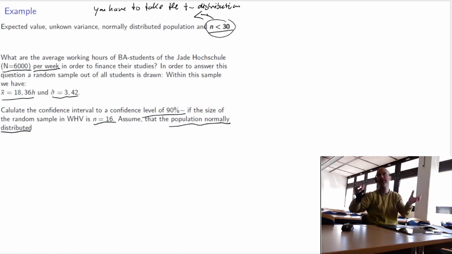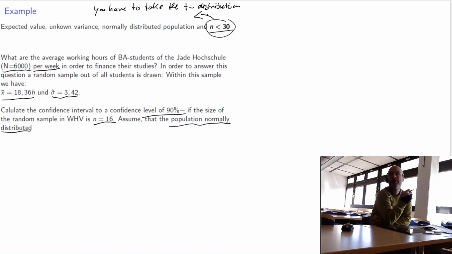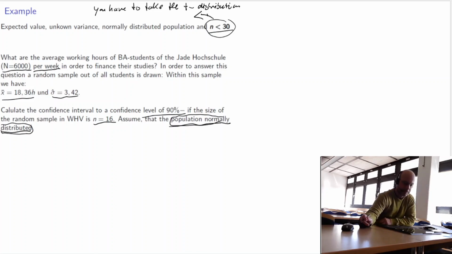If you have a large sample size, then we have the central limit theorem, and you do not have to care about what is the distribution of your parent distribution. But now, if you have a small sample size, you really have to assume that your parent distribution is normally distributed. This you also have to keep in mind. But if this is the case, then you can take the t distribution.